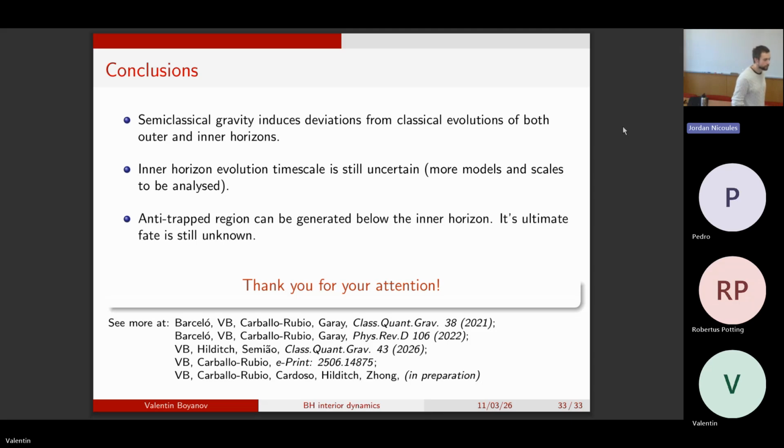This object will be constantly accreting, so is the assumption that the classical source is decaying still valid?